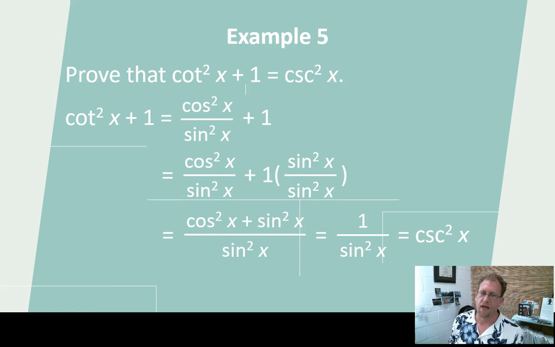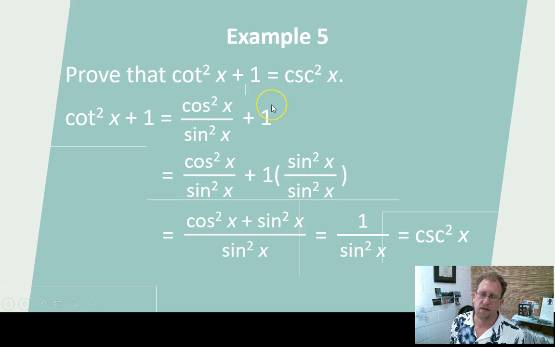Now, I need to get rid of this plus 1 term because where I'm going there is no plus 1. I can make it something that I can combine up here in the numerator, making this one fraction. But in order to do that, I have to have a common denominator. So how do I get this 1 to be something over sine squared x?